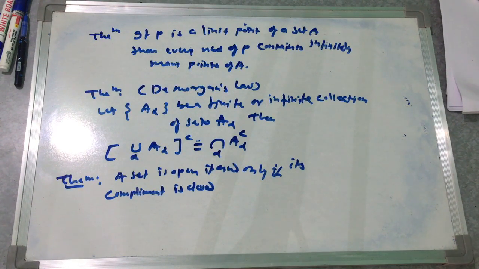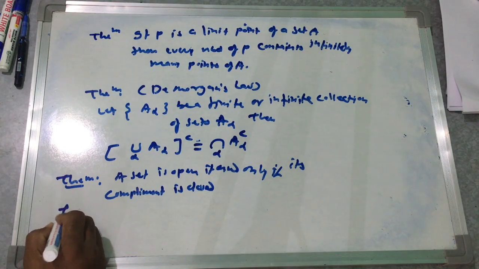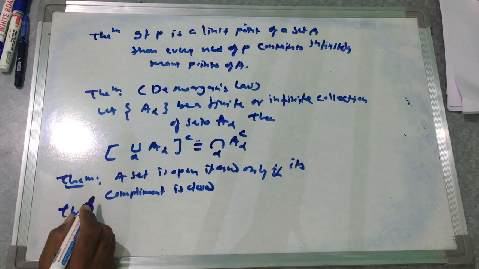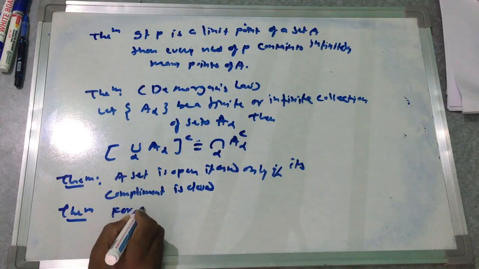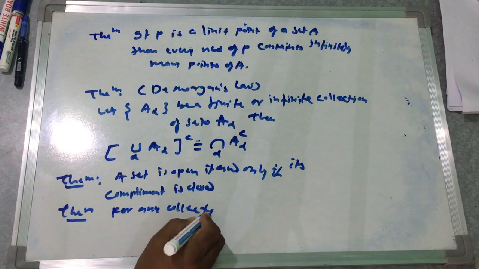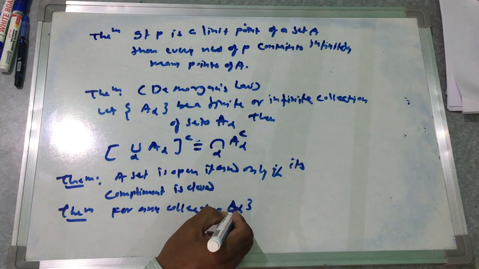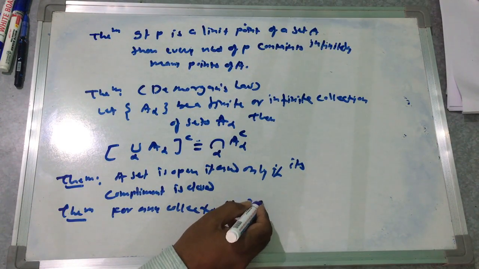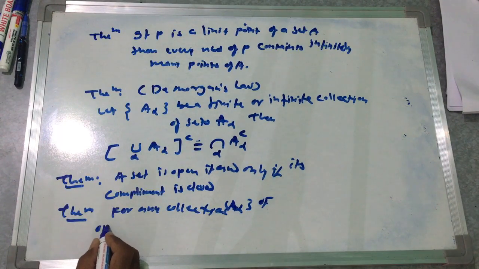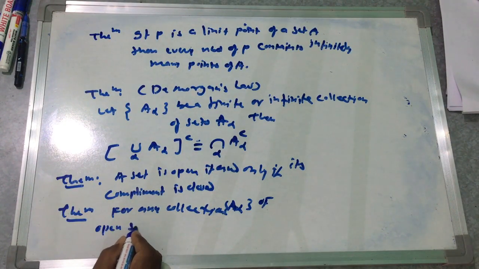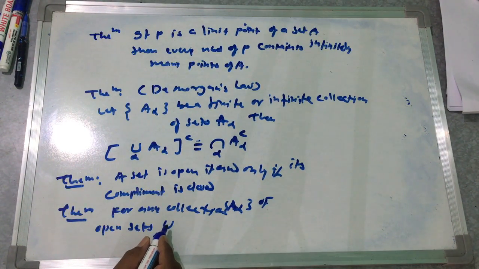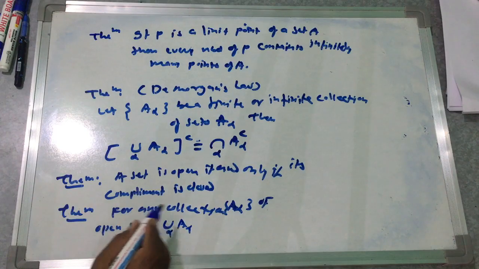So here we have to look for this. For any collection A suffix alpha of open sets, the union of A suffix alpha is open.